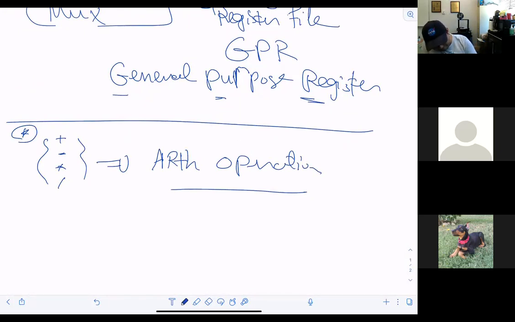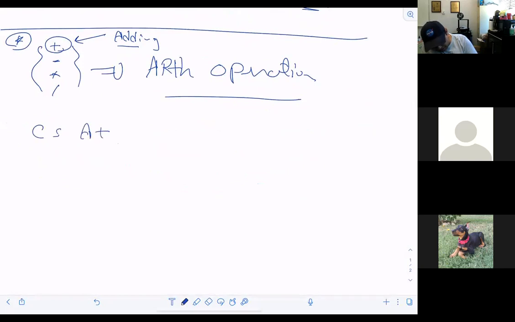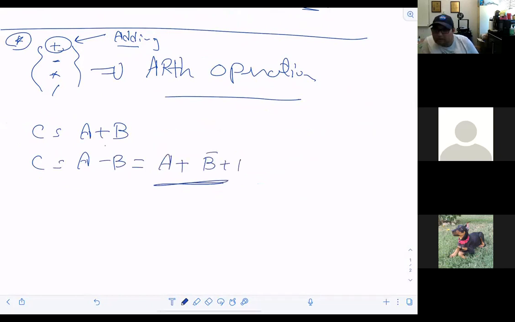Adding. You guys agree? So C equals A plus B. C equals A subtracted from B, which is basically A plus B complemented plus 1. End of the day, it turns out to be adding.